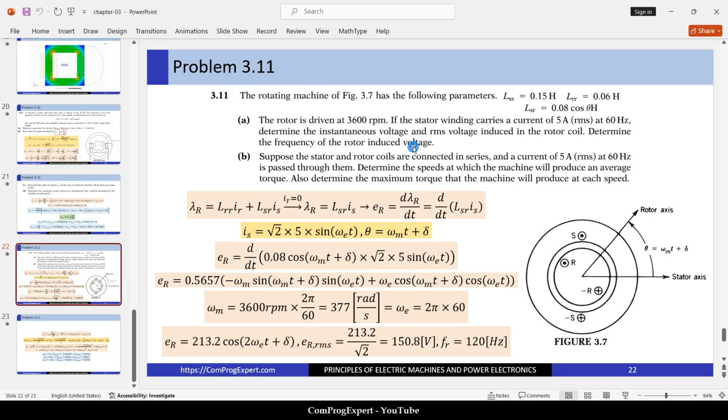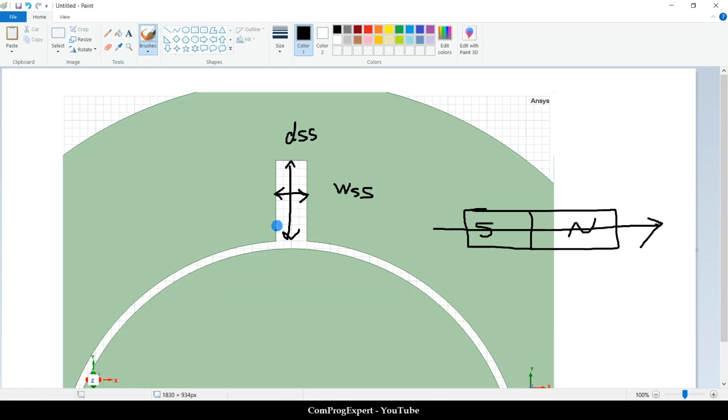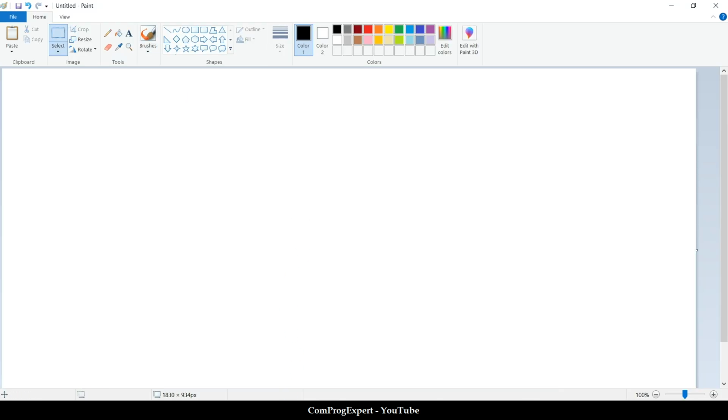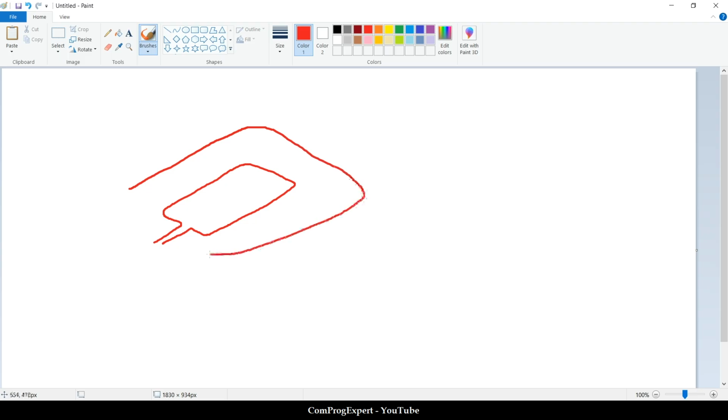So, if we set the rotor current equal to 0, if we have open circuit for the rotor coil, here we have two coils in this problem, the stator and the rotor. So this is the rotor coil, and also consider this as the stator coil.